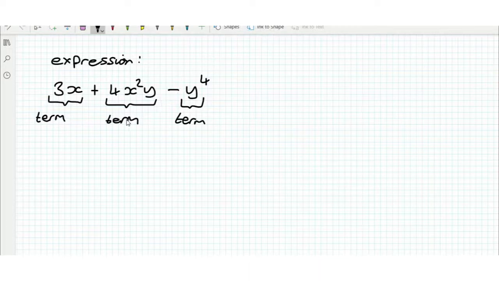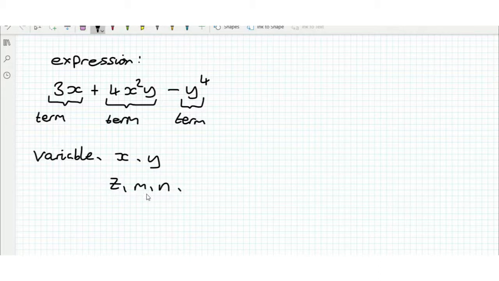Okay. Now we brought up a word there that we also need to know, which is a variable. Usually we write x, y, but we can write z, m, n, p, a, b, c.